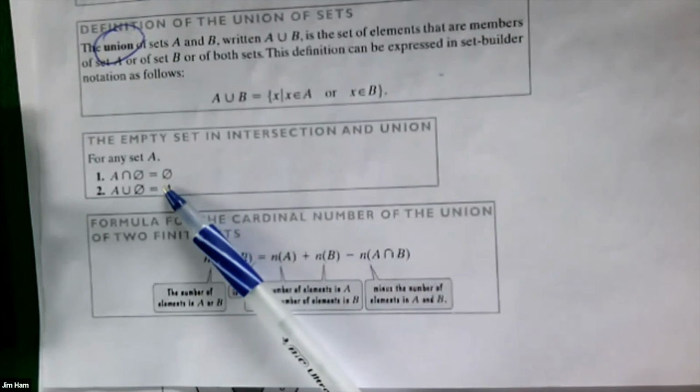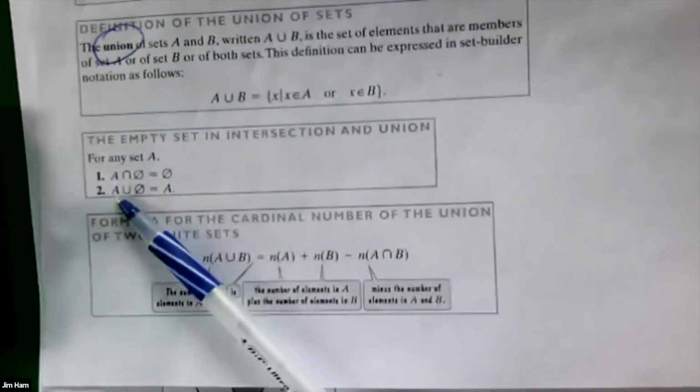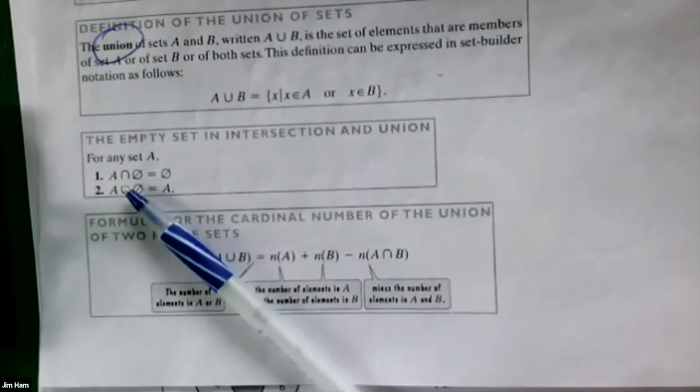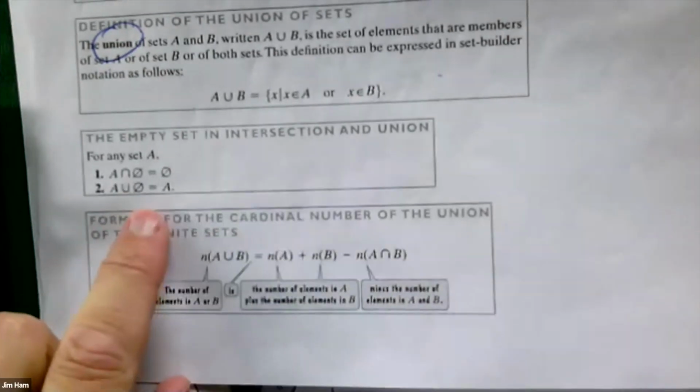So that also has to be the empty set. And if you combine the empty set and another set A, which can be anything, if you take the union, you're going to group together all the elements of A with nothing. What do you have if you put those two together? Well, you have all the elements in A, and that's what this is saying.